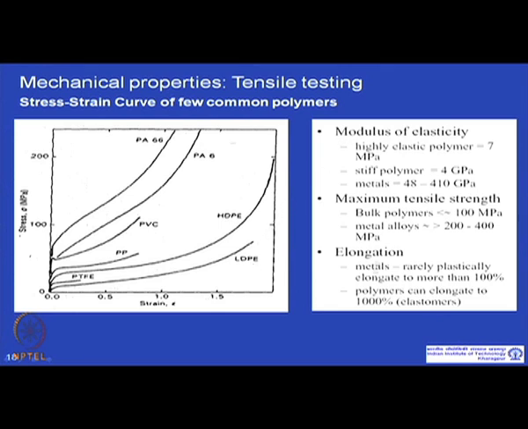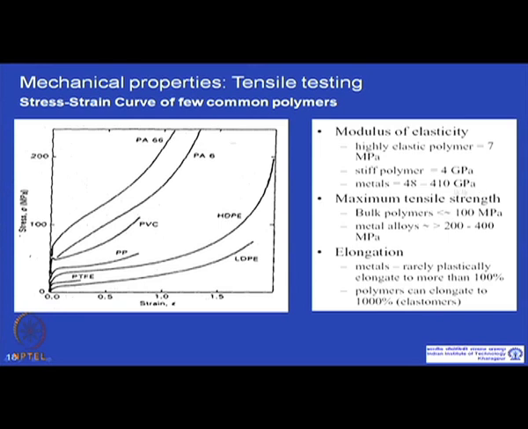Now, just to compare the values of the polymers with metals, for example, highly elastic polymers like rubbers have low modulus, typically about 7 MPa. Stiff polymers have higher modulus, about 4 GPa, and metals is much higher. If you compare polymer and metal, metal has a much higher modulus.